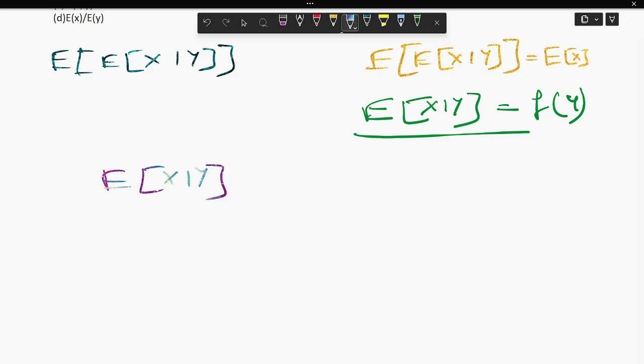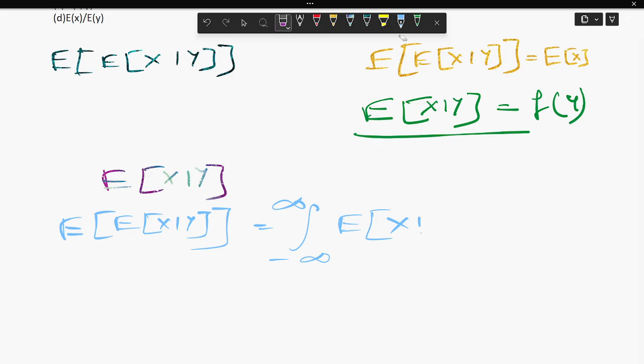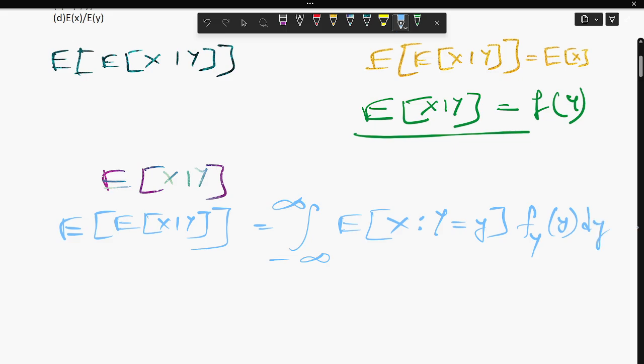Taking its expectation with respect to y gives the expectation of the expectation of x given y, that is equal to the integral from minus infinity to infinity of the expectation of x given y equals y, times the marginal density f_Y(y) dy.